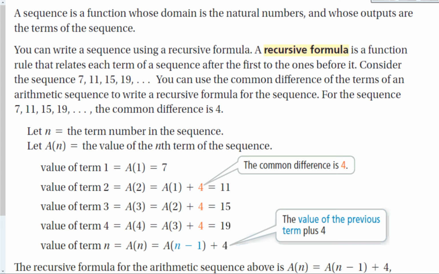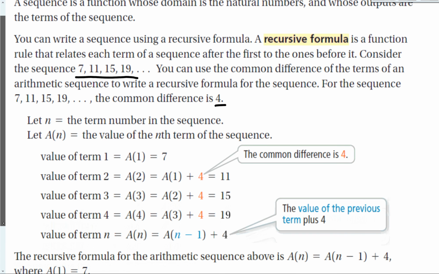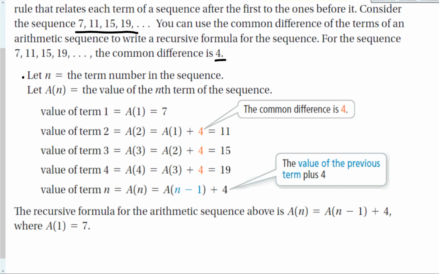So if I have this sequence right here, 7, 11, 15, 19, we can use the common difference of the terms of the arithmetic sequence to write a recursive formula for the sequence. My common difference here is 4. So if I look at what happens here, we're going to let n equal the term number in the sequence and let a of n equal the value of the nth term.